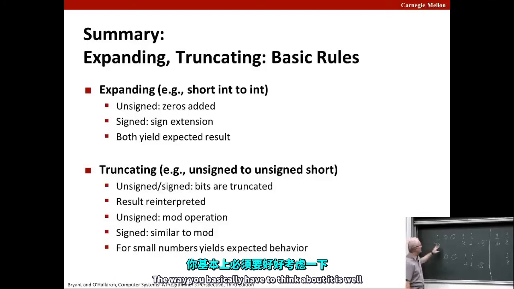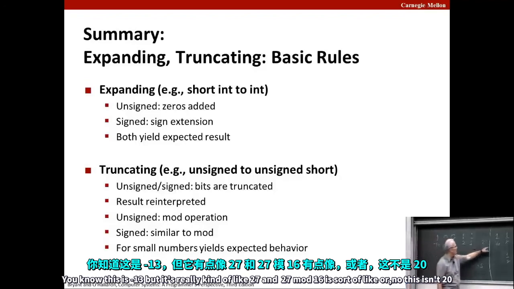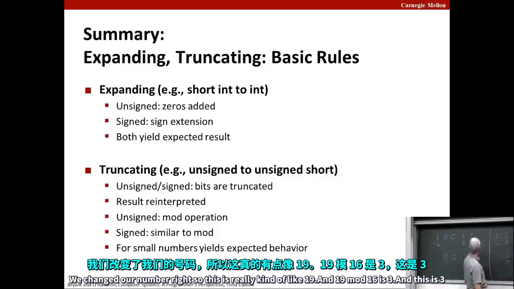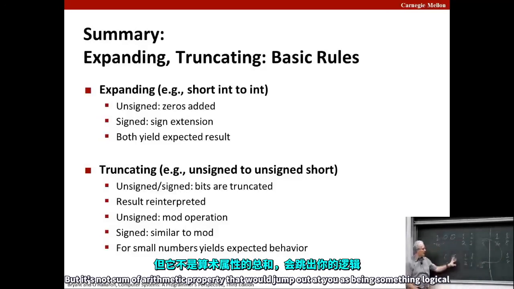You have to think, well, this is minus 13, but it's really like 19, and 19 mod 16 is 3, and this is 3. So you can do it by coming back around to it, but it's not some arithmetic property that would jump out at you as being logical.